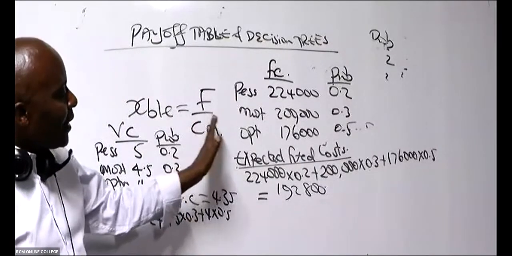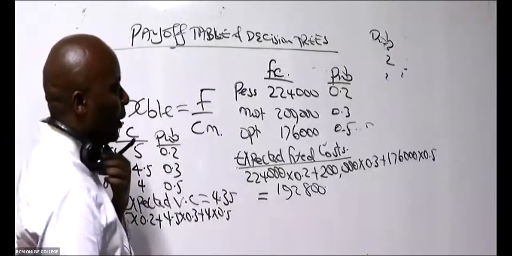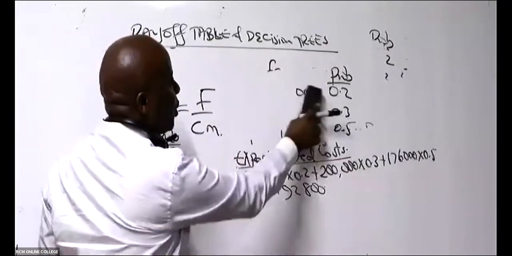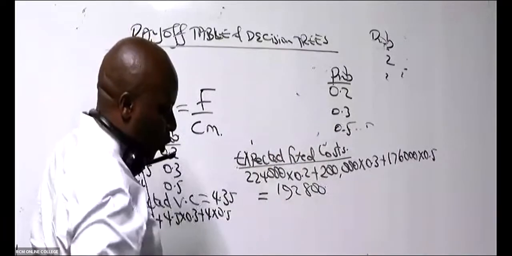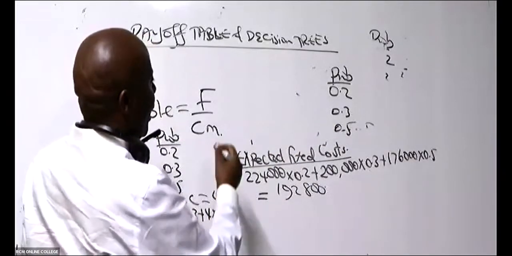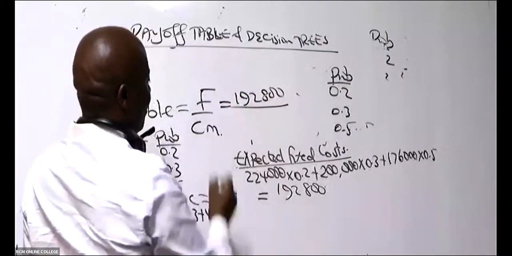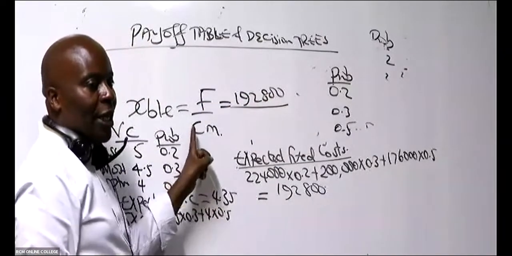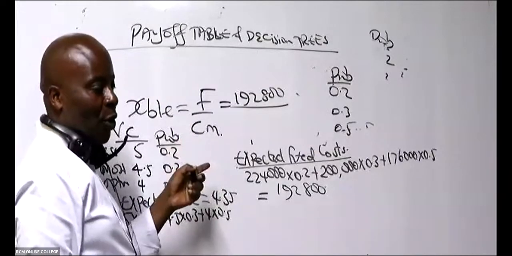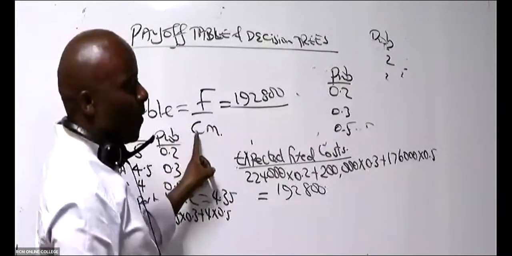Then now I can answer this question very comfortably. Because I know that the fixed cost here is 192,800 divided by CM. CM is price minus variable cost. What is the selling price here?